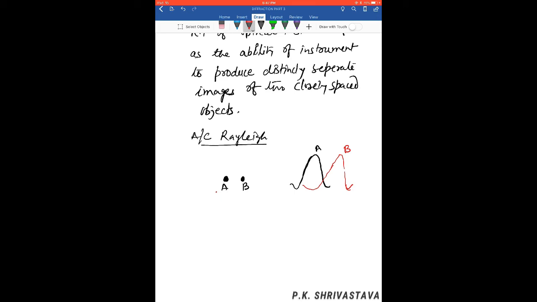This minimum distance between two objects which can be resolved, which can be seen separate by the optical instrument, is called the limit of resolution. This is the limit of resolution.